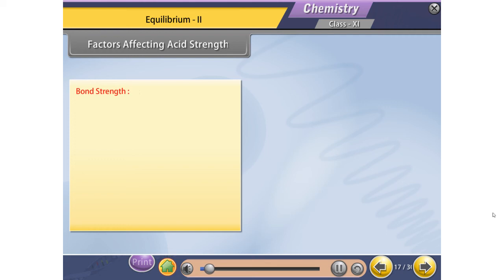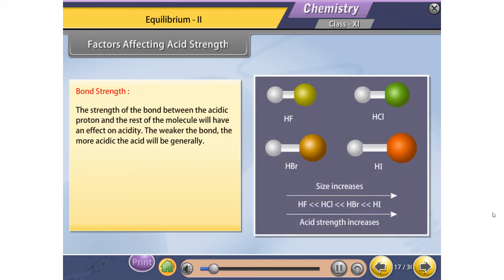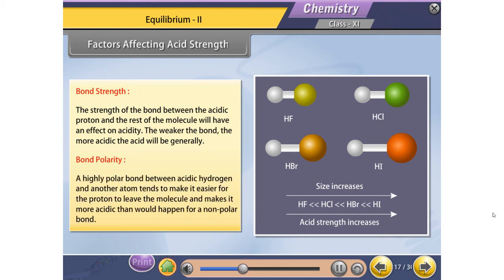Factors affecting acid strength. Bond strength: the strength of the bond between the acidic proton and the rest of the molecule has an effect on acidity. The weaker the bond, the more acidic the acid will generally be. Bond polarity: a highly polar bond between acidic hydrogen and another atom makes it easier for the proton to leave the molecule and makes it more acidic than a non-polar bond.